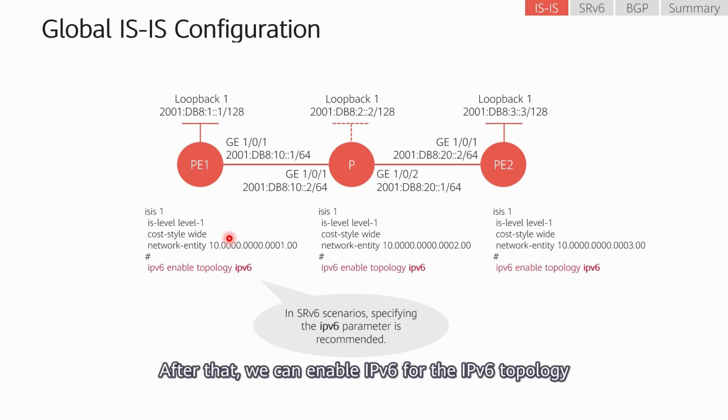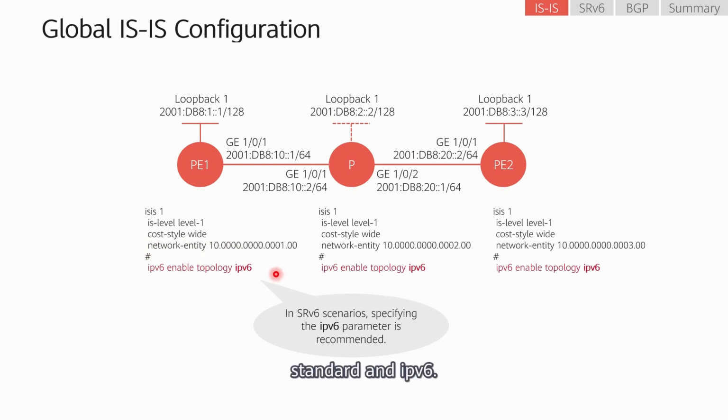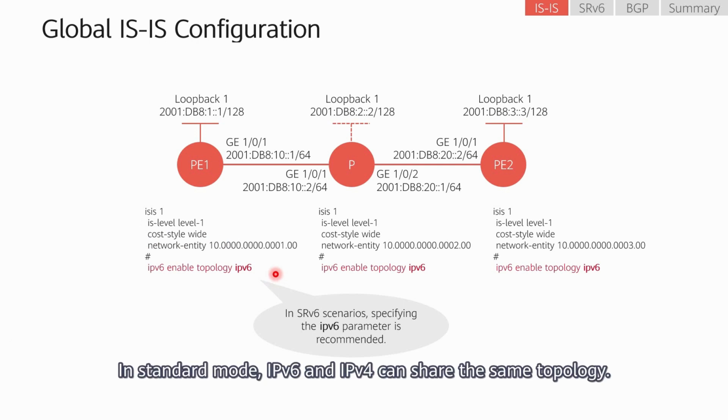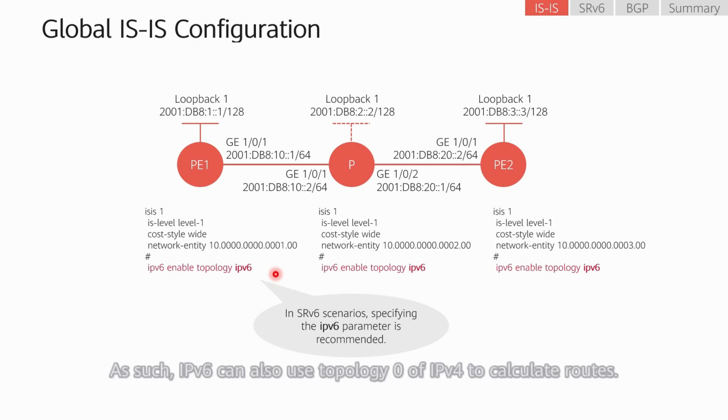After that, we can enable IPv6 for the IPv6 topology by running the ipv6 enable topology command. This command has two key parameters, standard and ipv6. In standard mode, IPv6 and IPv4 can share the same topology. As such, IPv6 can also use topology 0 of IPv4 to calculate routes.